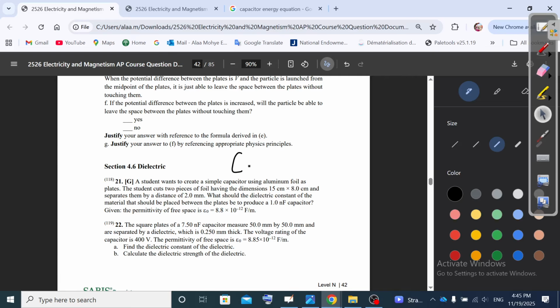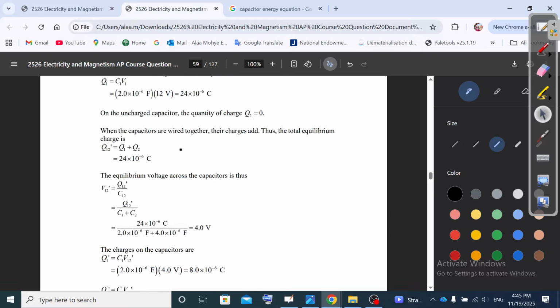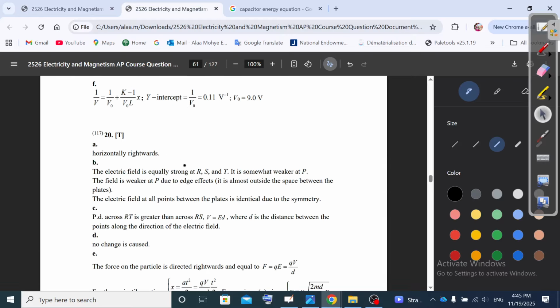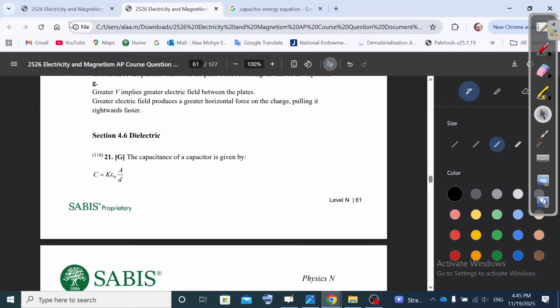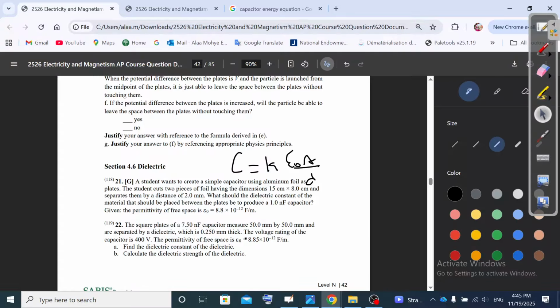I think this was C equals K epsilon naught A over D. Let me check. Yeah, C equals K epsilon naught A over D, where K is your dielectric constant, so K equals CD over epsilon naught A. It's a direct application.